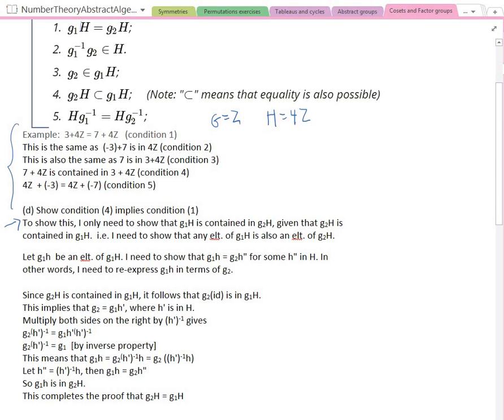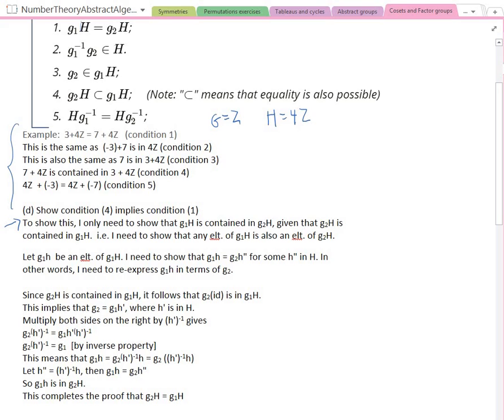Now I can substitute that into G1h. G1h is equal to G2h' inverse times h, and I can write that as G2 times an element of big H. So I'm going to let my h'' be h' inverse h, which is an element of big H, since big H is a subgroup.